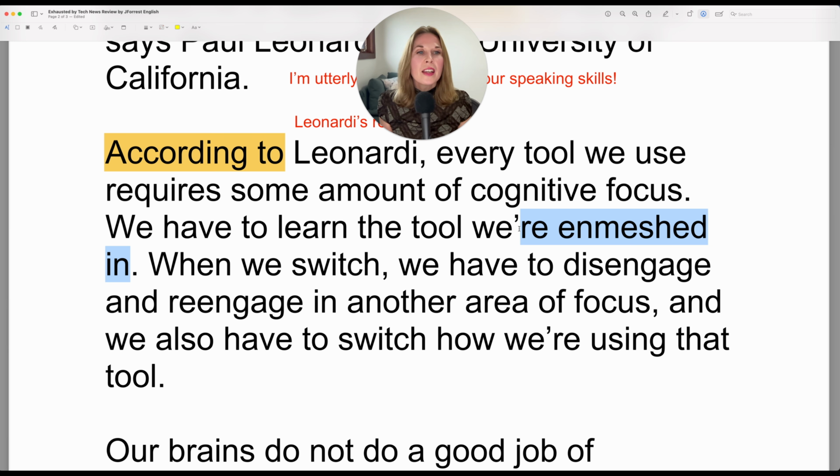In fact, I don't think you need to add it to your vocabulary because of how uncommon it is, but just so you understand it here, if you're enmeshed in a tool, it simply means that you use this tool a lot, but it also sounds like it's more of a requirement or an obligation that you must use this tool.